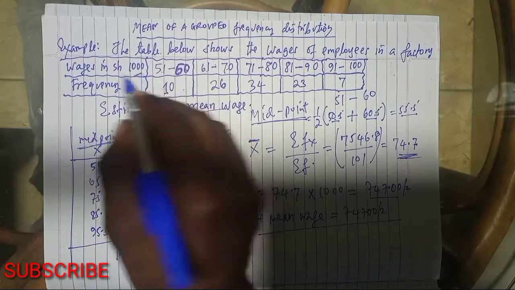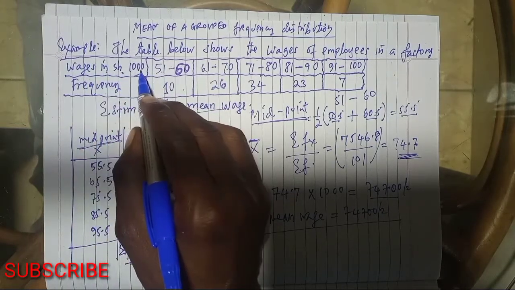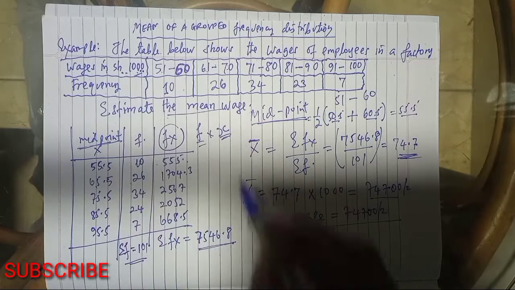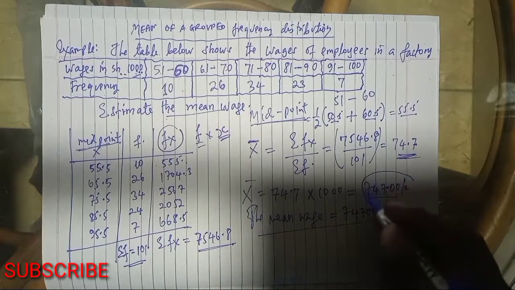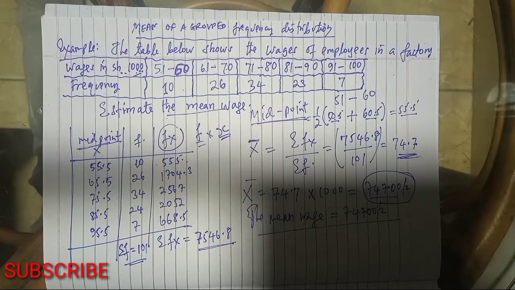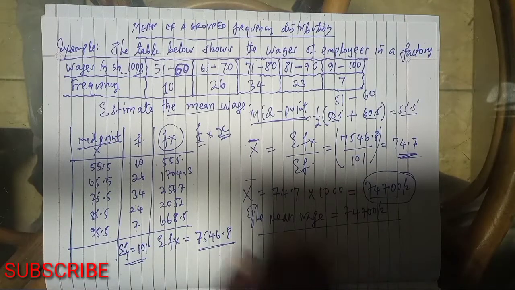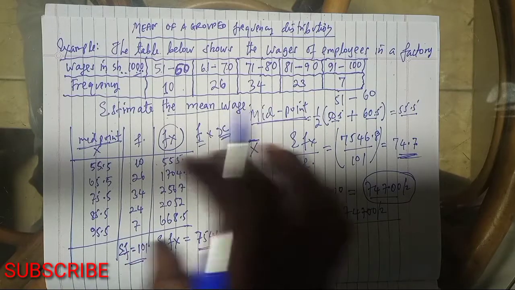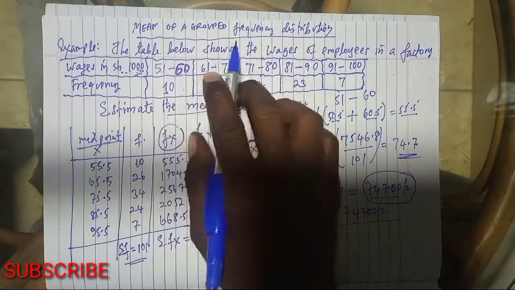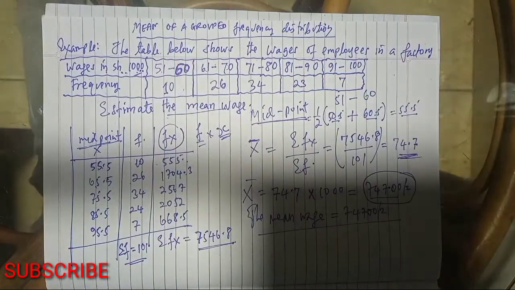According to the question, the wage is in 1,000 shillings, so you multiply by 1,000. This is the mean wage paid to every person. This is how we determine the mean of a grouped frequency distribution table.